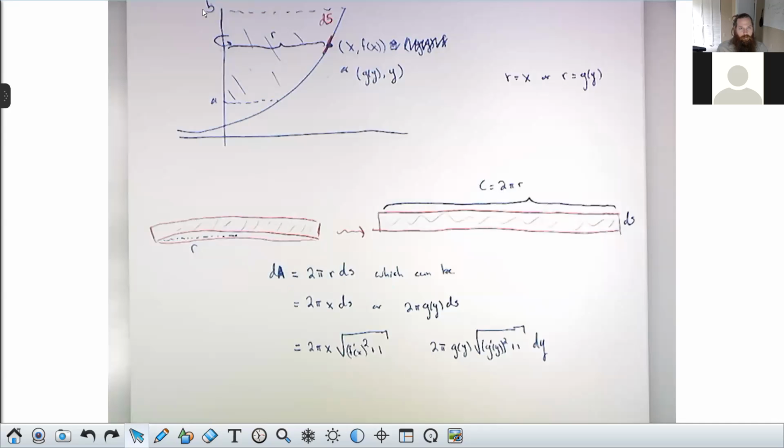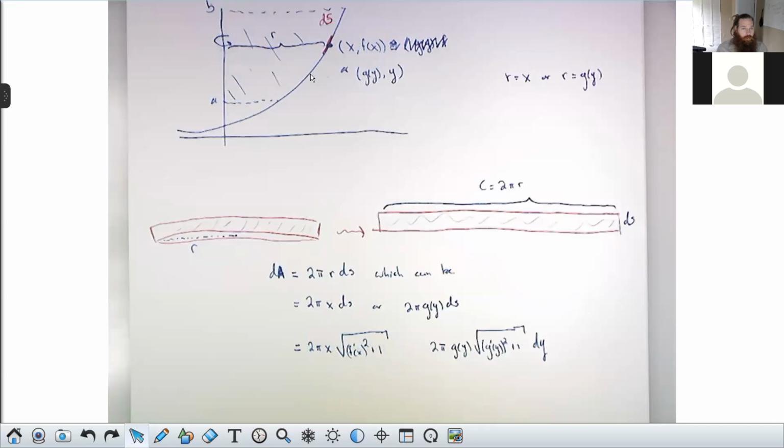And in this particular instance, where I'm rotating about the y-axis, I can think of that radius r as two different things. If I was given my variables all in terms of x's, then I would say, oh, okay, well, r is just this horizontal distance, so that has to be x right here. So I get 2 pi x ds, and I would write ds then in terms of x.